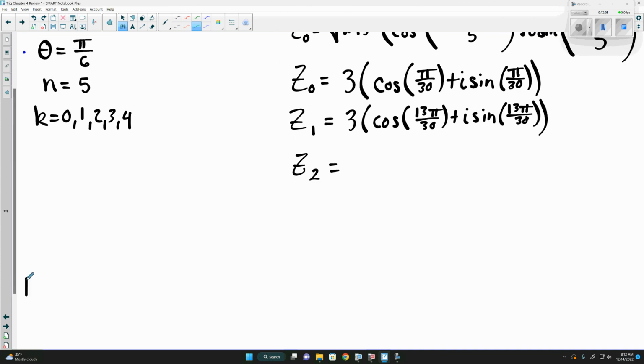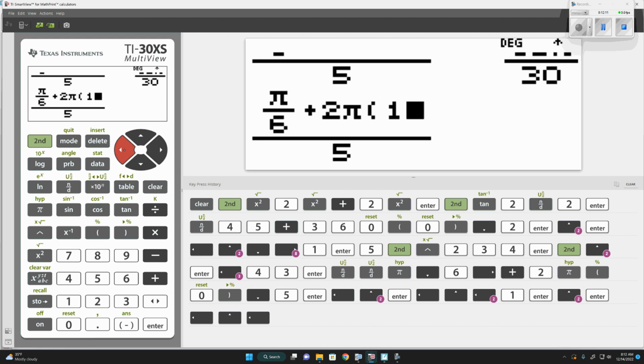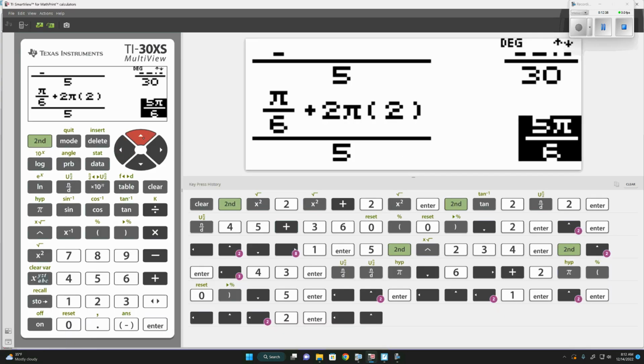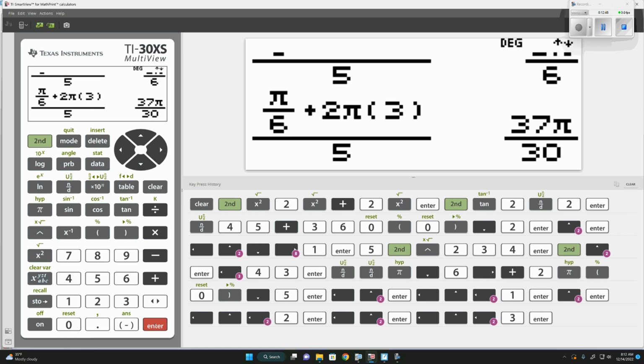Now z2, well, all that means is that this 1 is now a 2. 5 pi over 6. Well, for z3, again, we come back to the calculator. 3 cosine, 37 pi over 30.